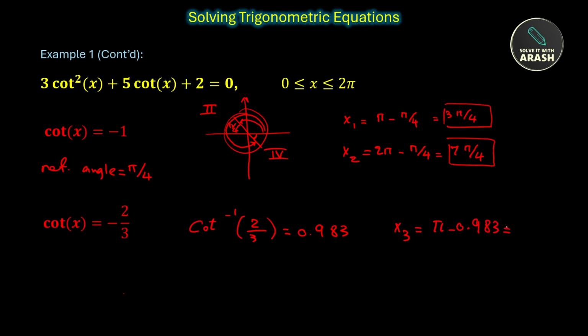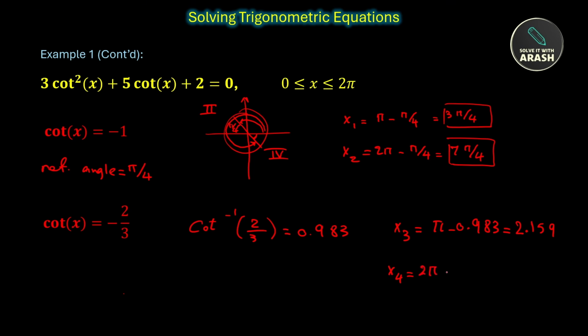And if I use 3.14 for pi, then the answer is going to be 2.159 rounded to 3 decimal places. The next angle, x4, that's going to be in the fourth quadrant. The terminal arm is in the fourth quadrant.